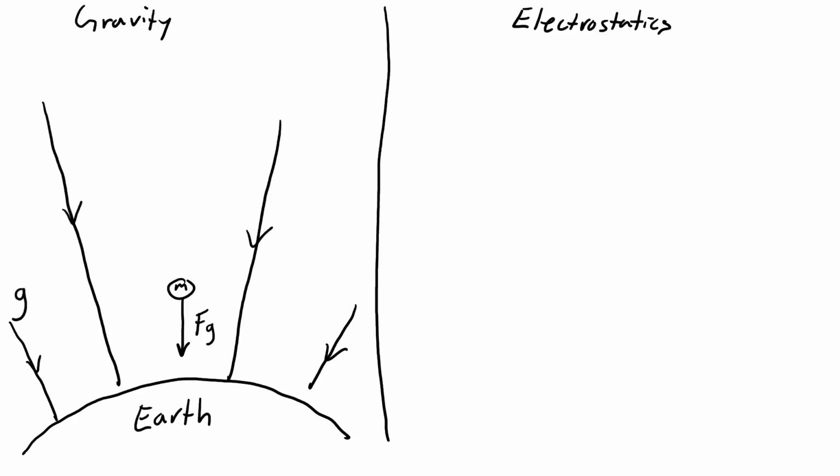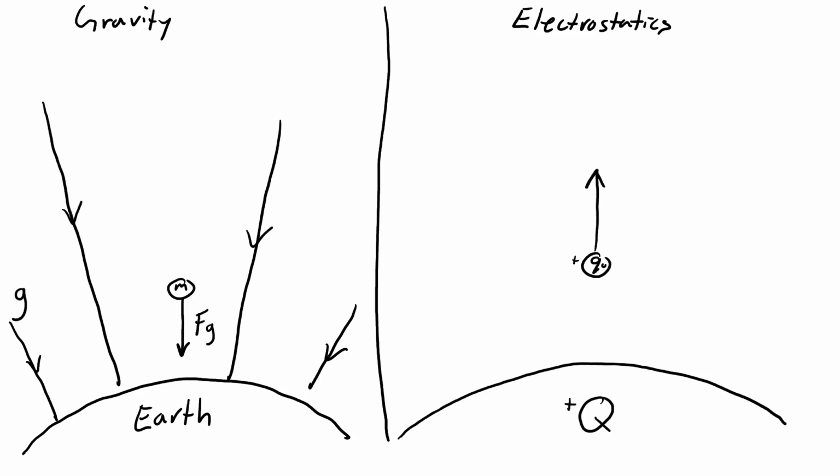Similarly, you could have a metal sphere that has some charge Q. And you could put another charge here, and it feels an electrostatic force. Instead of Fg, force due to gravity, we call it Fe, the electrostatic force. And the interesting thing is, if this is positive and this charge is positive, it repels.